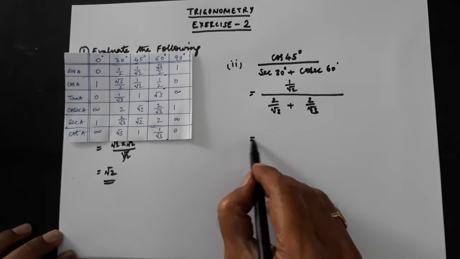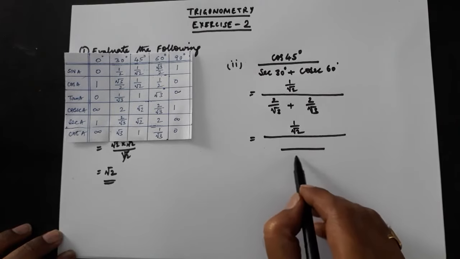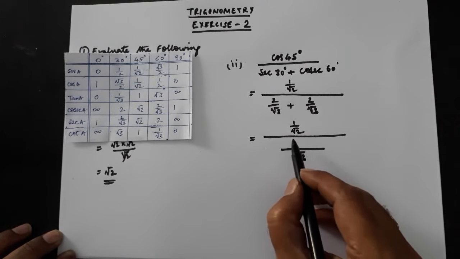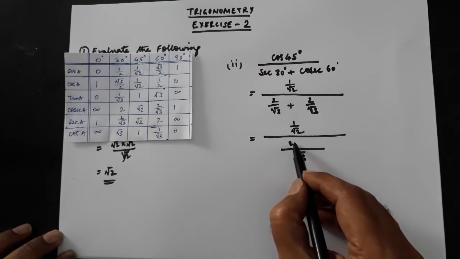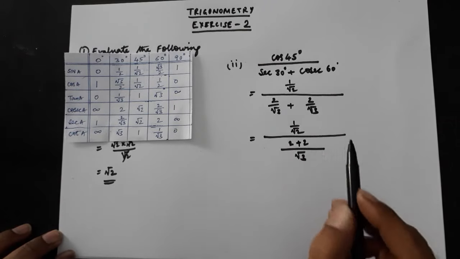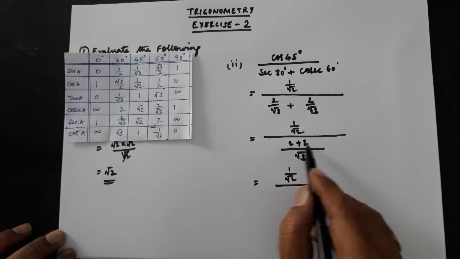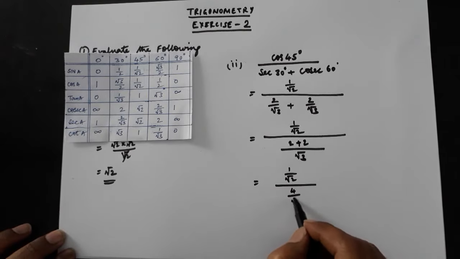Okay. So we have 1 by root 2 in the numerator, and in the denominator, if we take root 3 as LCM, we have 2 plus 2. So now 1 by root 2, and 2 plus 2 is 4, so 4 by root 3.